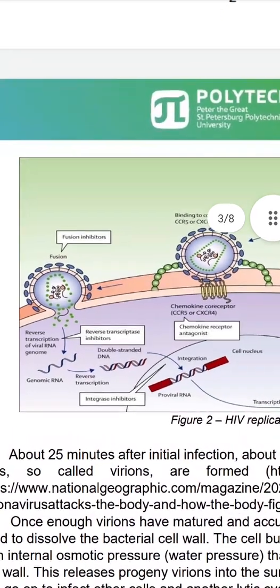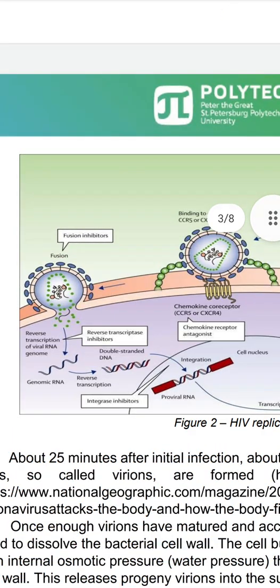You see here the virus fusion, and we have fusion inhibitors also. Reverse transcription of the viral RNA genome happens, and a reverse transcriptase inhibitor can come here.